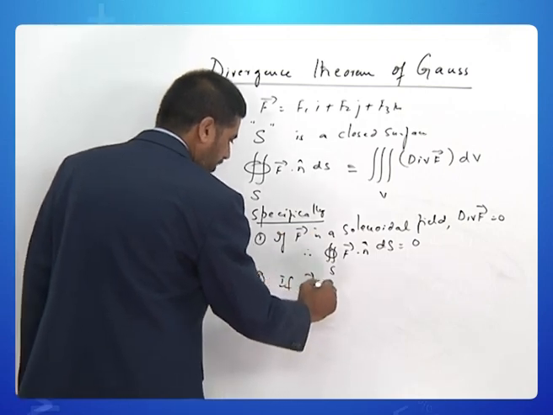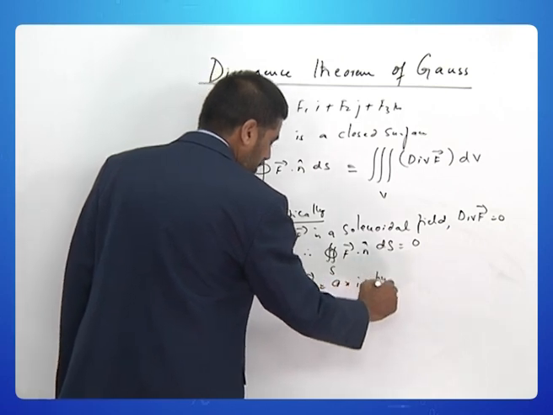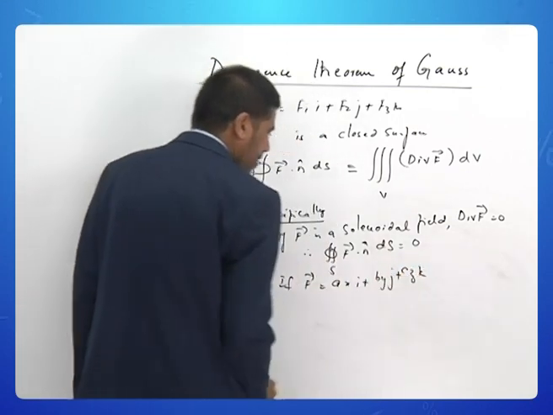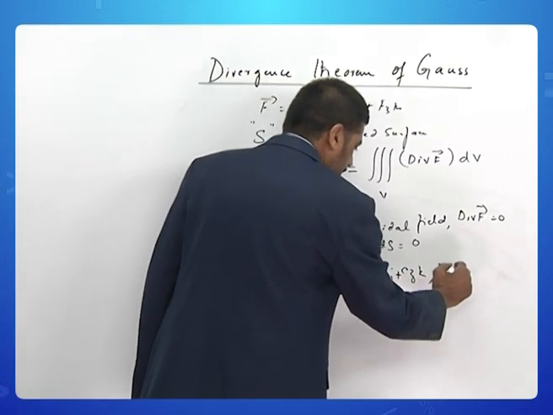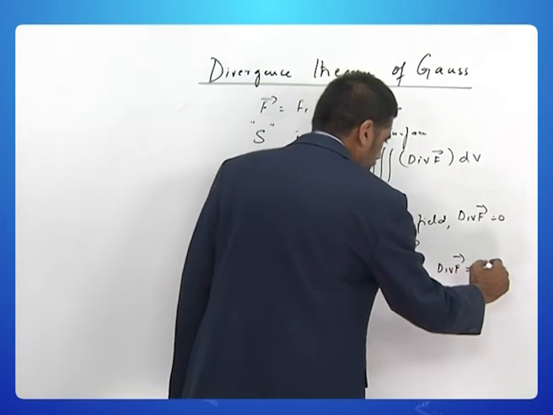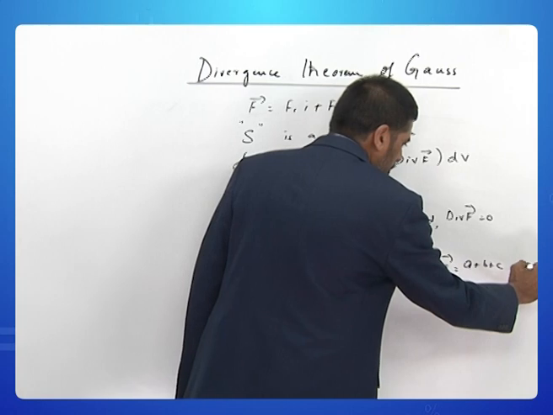Suppose F were a field which looks like Ax i + By j + Cz k, then divergence of F would be A plus B plus C, which is constant.